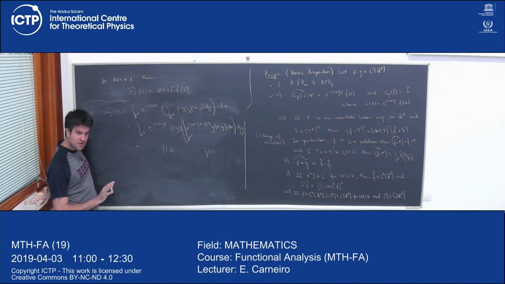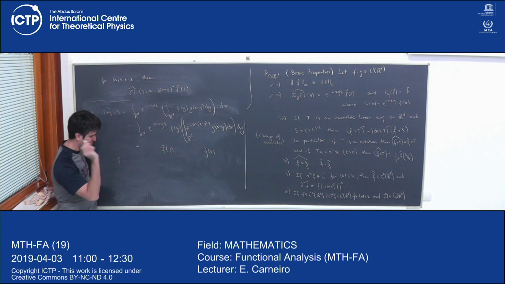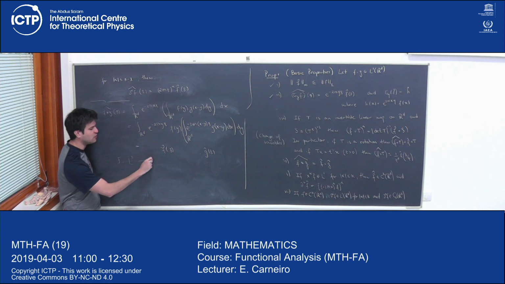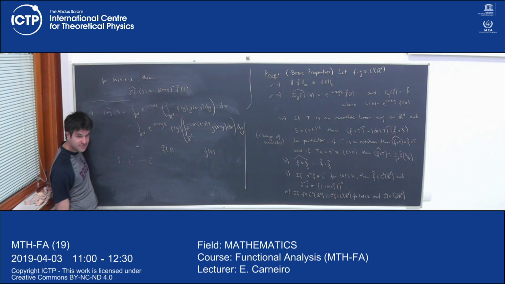So you see at the end, now maybe we should make a little comment here. At the end, the Fourier transform will be a linear map. Right, so we're building a linear map. It will be later on a linear map from L2 to L2. We're going to prove that.